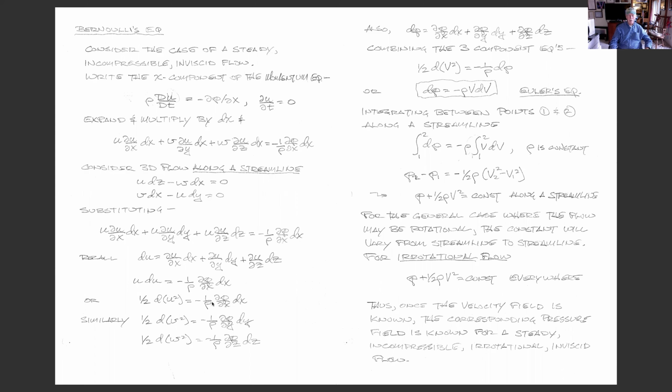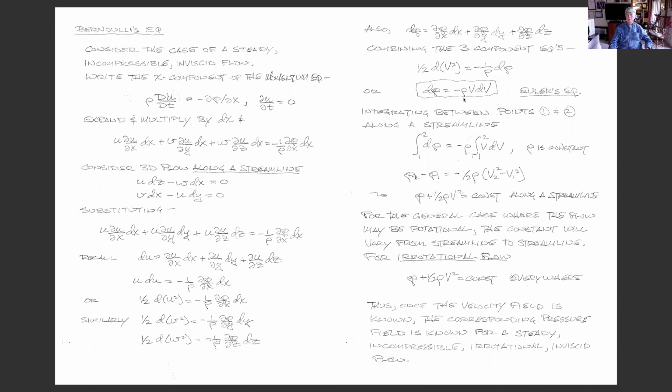I can do the same thing in y and z. So now I've written these three down. And then, again, just the differential of dp is partial p with respect to x dx, and so on. I don't want to read the whole equation. We can add these three up, and we can say 1/2 d of v squared is equal to minus 1 over rho dp.